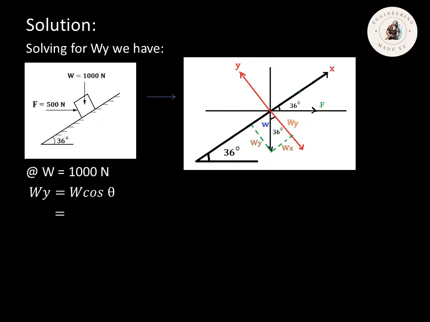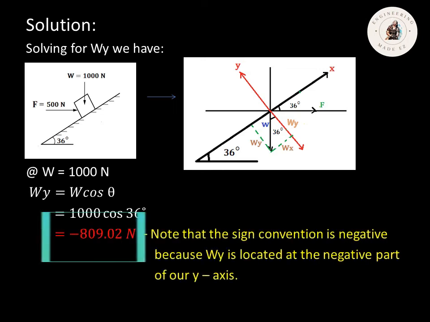That's why we have Wy is equal to 1,000 multiplied by cosine 36 degrees. Using our calculator to compute for our Wy, we have Wy is equivalent to 809.02 Newton. Take note that the sign convention here is negative because Wy is located at the negative part of our y-axis.